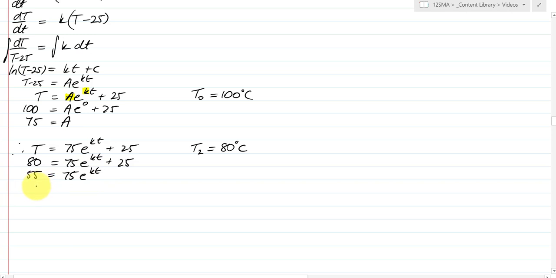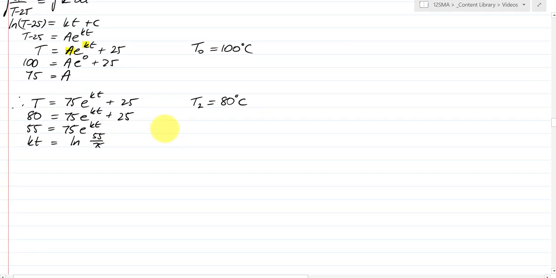Divide by 75, take the log of both sides, and I get kt equals the natural log of 55 over 75. Now 55 over 75 is 11/15, and t was 2, so k is equal to a half log 11/15, and I'm going to maintain that value. I'll write a t and put a 2 there just so that you see that substitution. I probably should have done that a bit earlier.